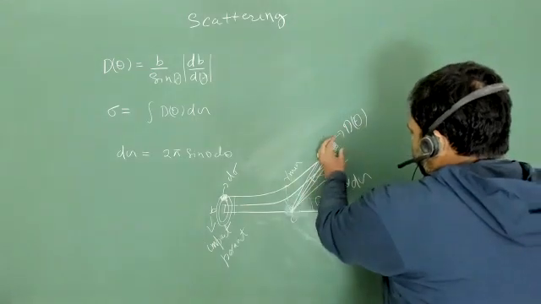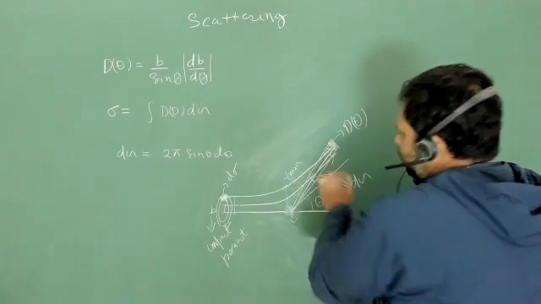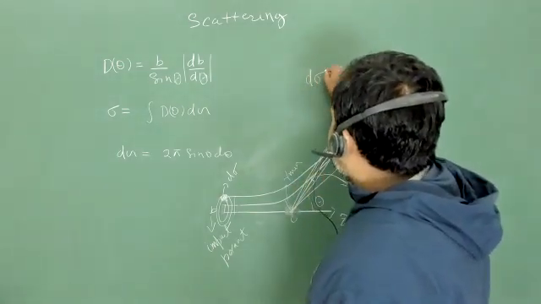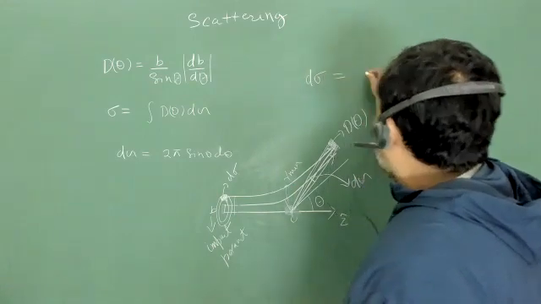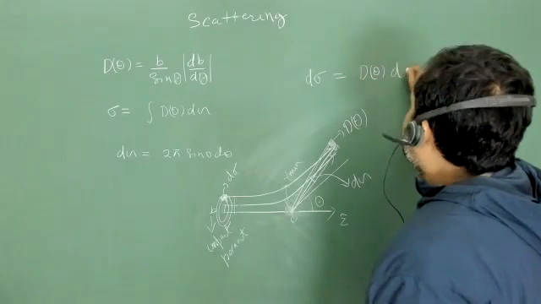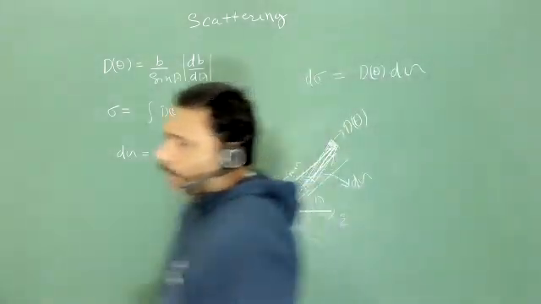And if you come nearer to that, then this area will be lesser. So what we basically have is d sigma equal to d sigma by d omega into d omega. This is the whole story we have to understand.